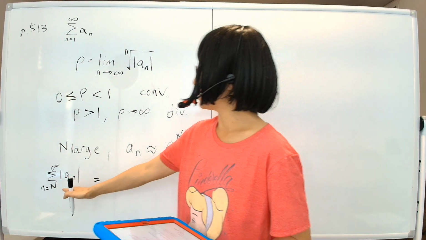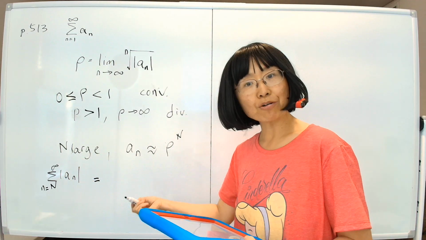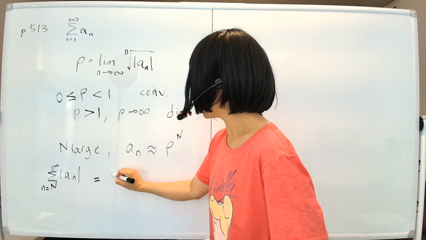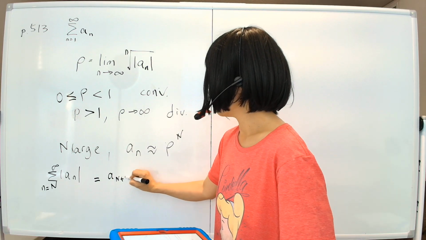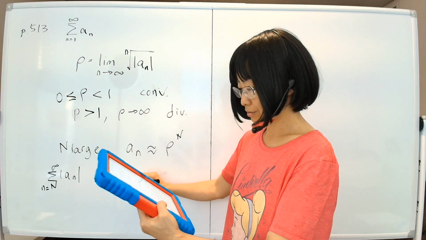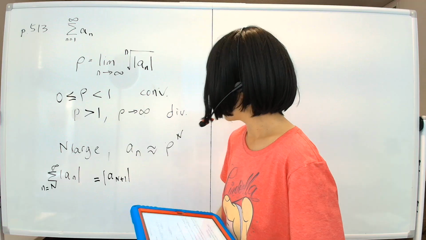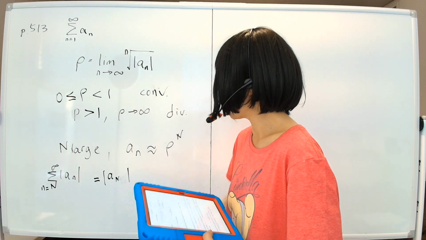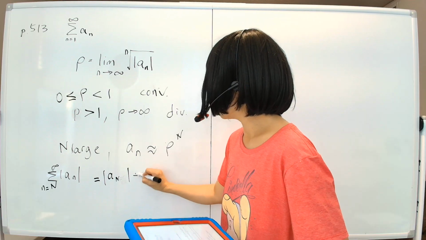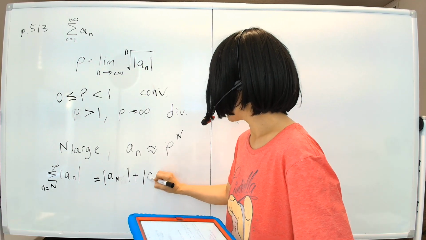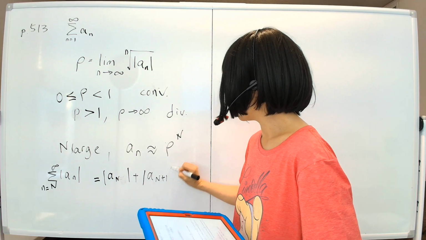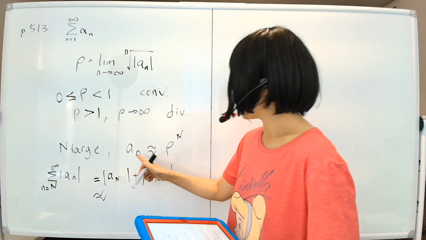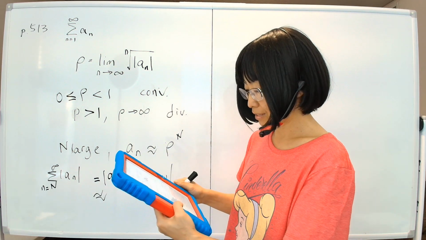So in other words, we're looking at the tail end of the series. We'll start at N, then a_(N+1), and so on. You keep adding. That is almost equal to each term being that thing.